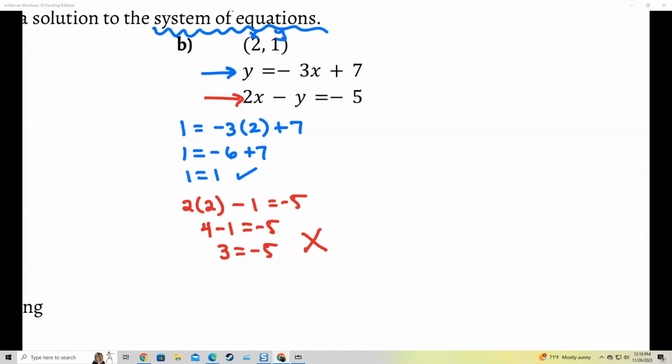As soon as it doesn't work for one, it's no longer a solution. So if it would have messed up on the first one, I didn't even have to check the second one. But in this case, it worked for the first. It did not work for the second. Therefore, I'm going to write not a solution. It needs to work for both in order for them to be considered a solution.